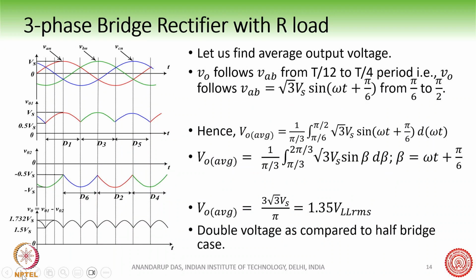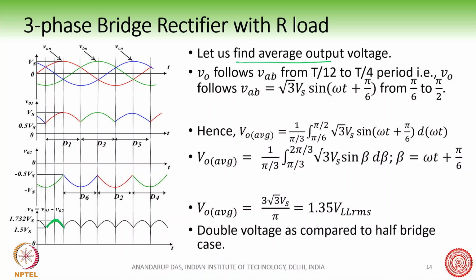So since this is true, we can now find out the average output voltage. In order to find this, we have to see that this is the voltage coming across the load, and it is repetitive.